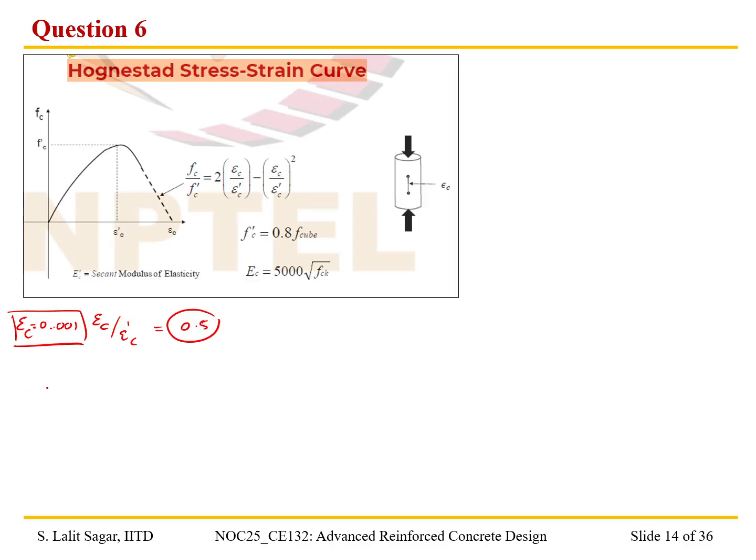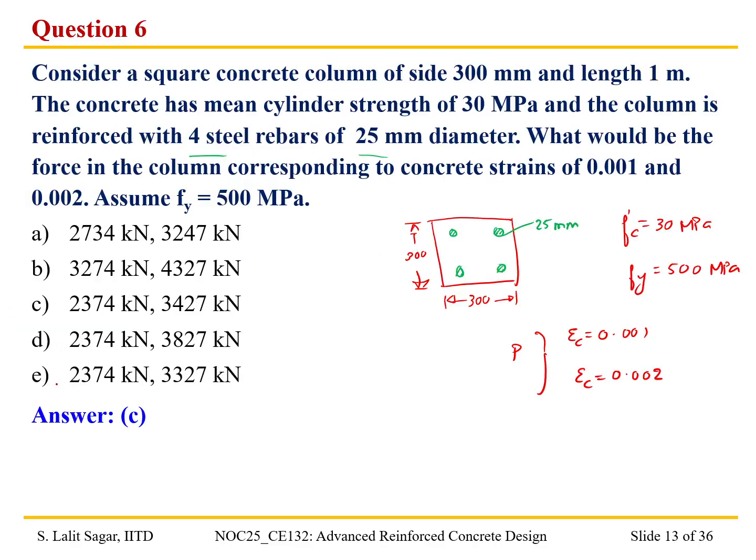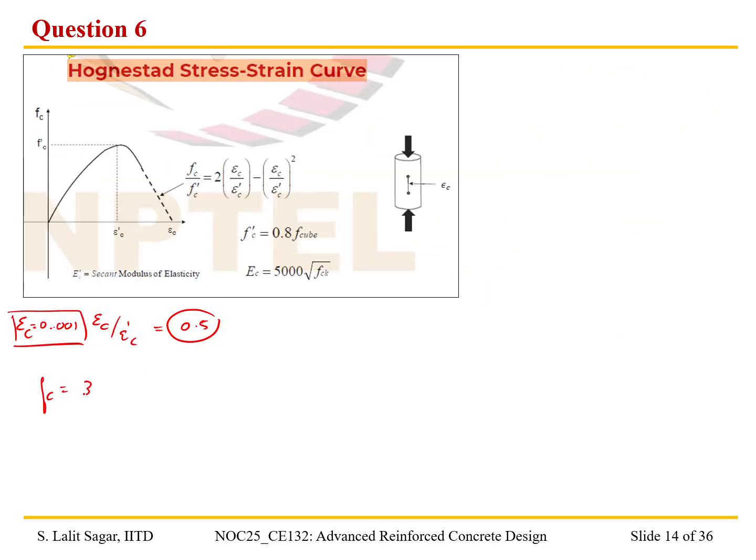Now we have Fc equal to 30 into 2 into 0.5 minus 0.5 whole square. This is similar to what we got in the previous problem with respect to the plain concrete column, that is 22.5 MPa.